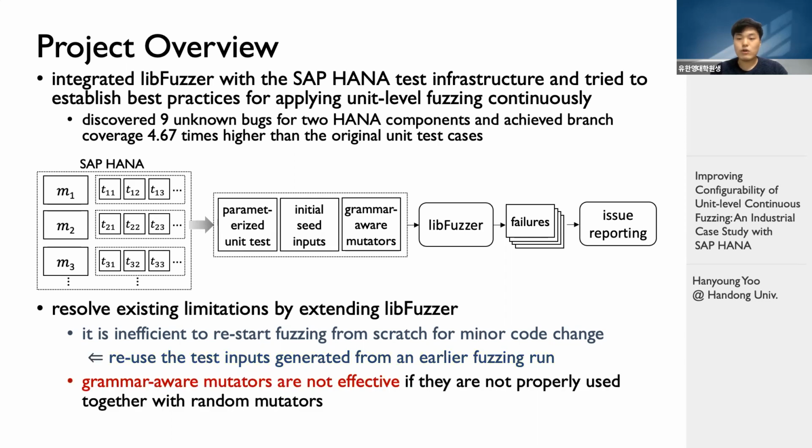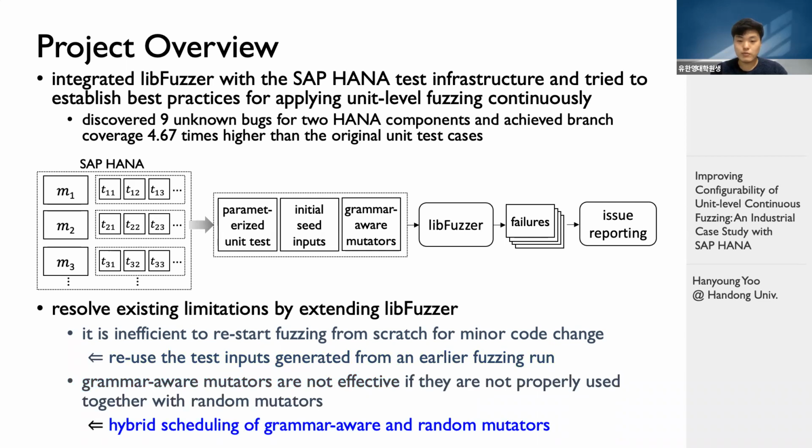Second, grammar-aware mutators are not effective when not properly used together with random mutators. To resolve this, we created mutation scheduling strategies to effectively combine grammar-aware mutators and random mutators.